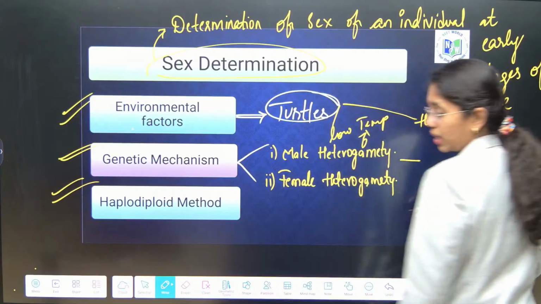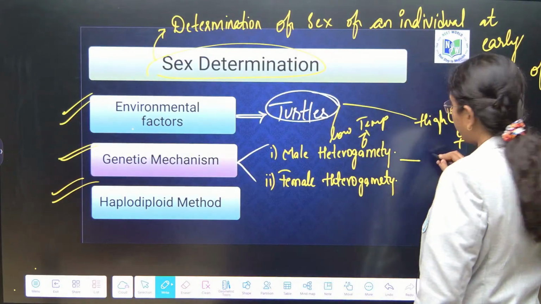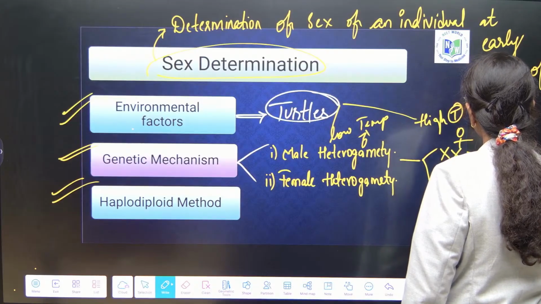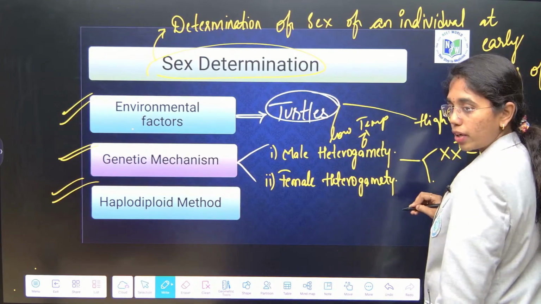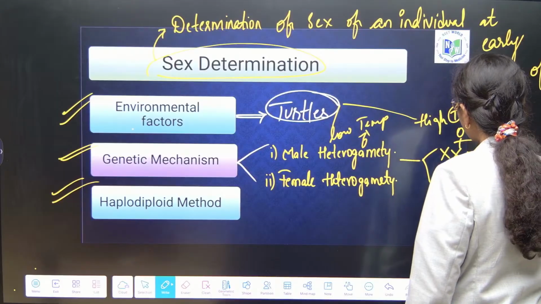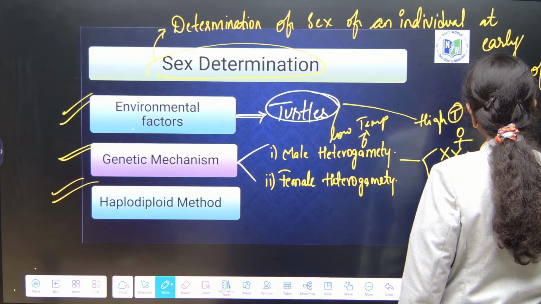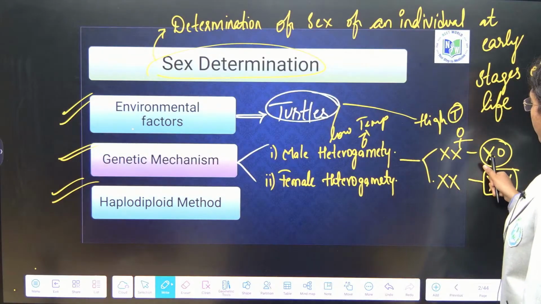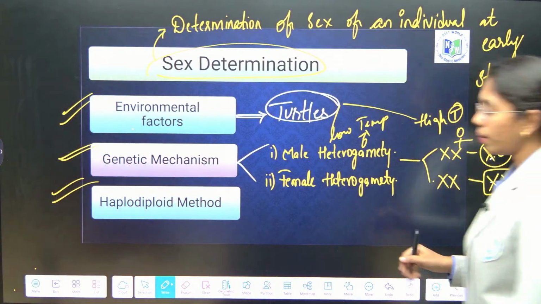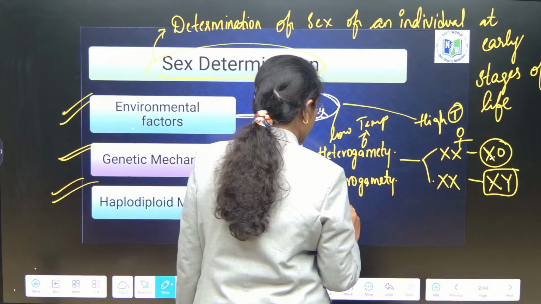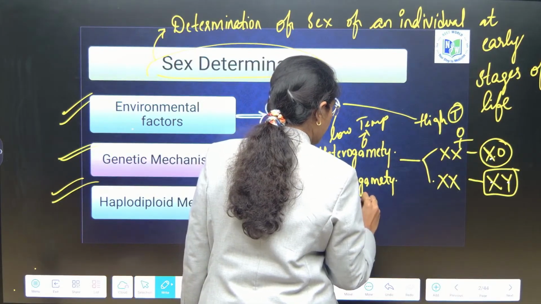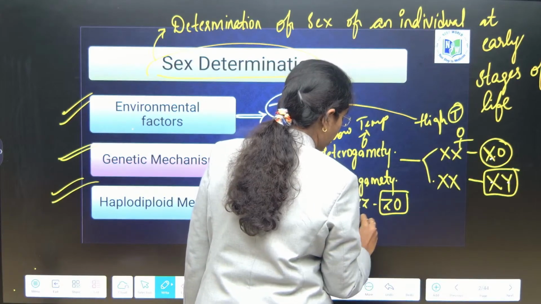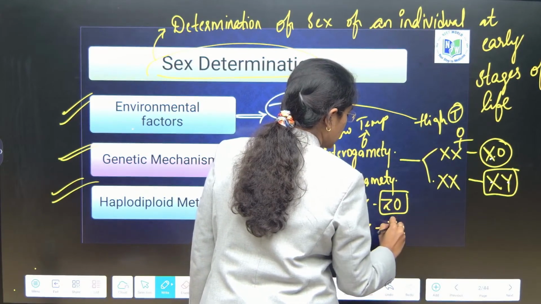Male heterogamety is again of two types: XO, only one X chromosome, and XY, two different types of allosomes in the male. Next is female heterogamety, which will be ZO, one set, or ZW, two different sets.